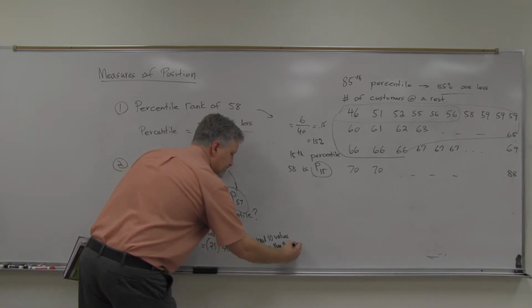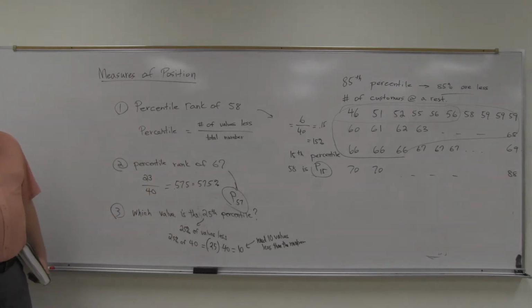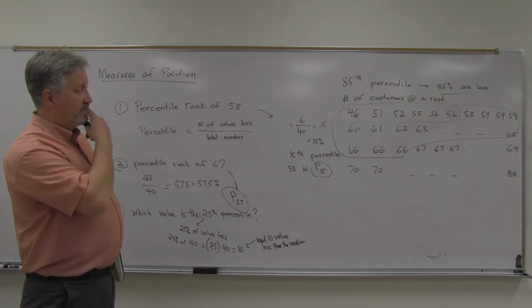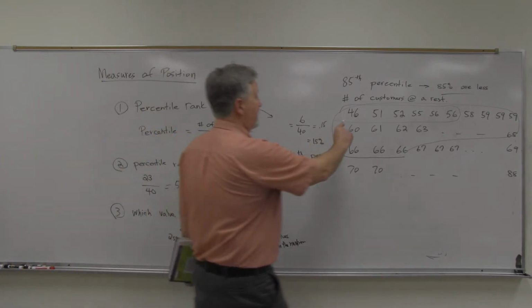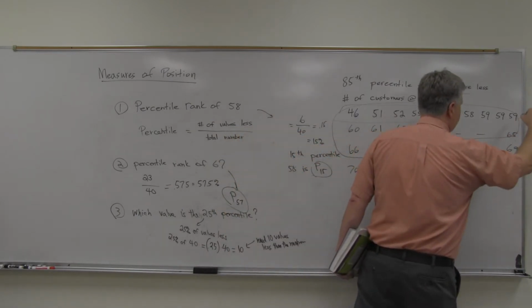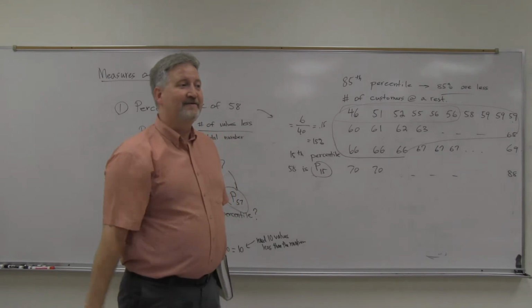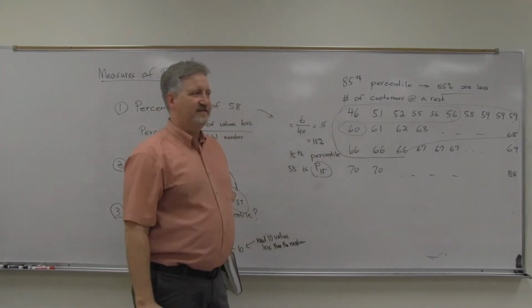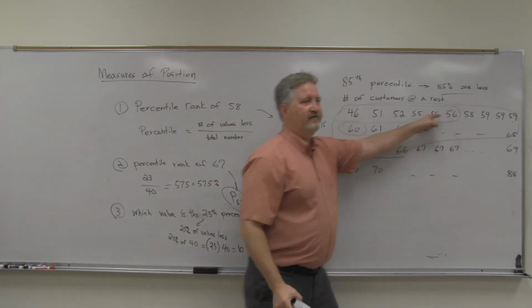So the number I choose, I'm going to choose the number that has 10 values less than that number. So looking at my list here, yeah, we've got enough on here to figure this out. If I count off 10, of course each line is 10, so the 10th value is 59. So which one's the 25th percentile then? 60, isn't it? I'd go to the 60, because 60 is the one that has 10 values less.